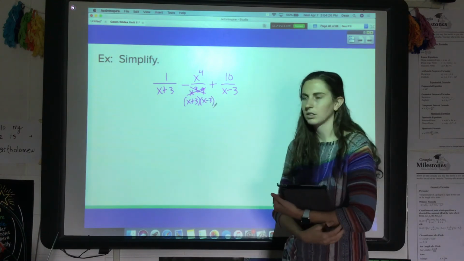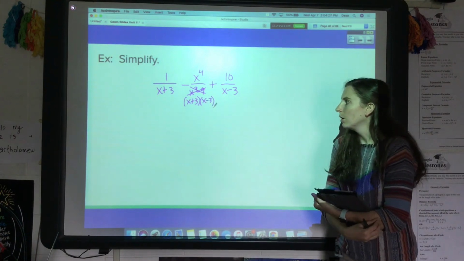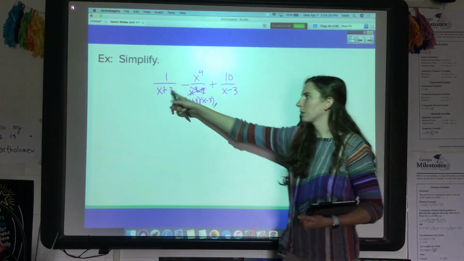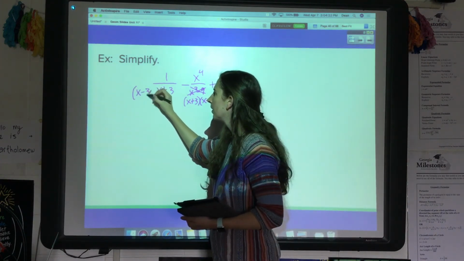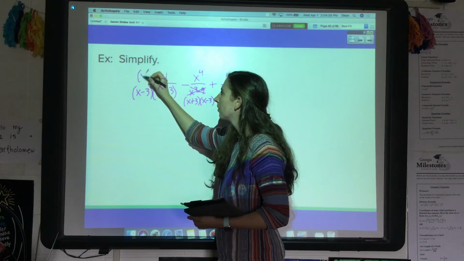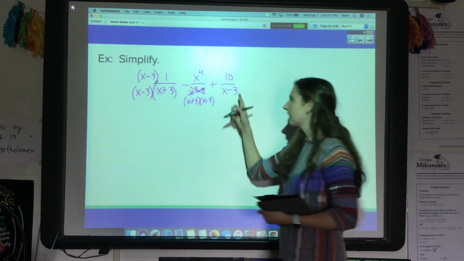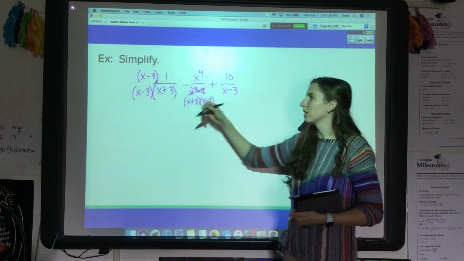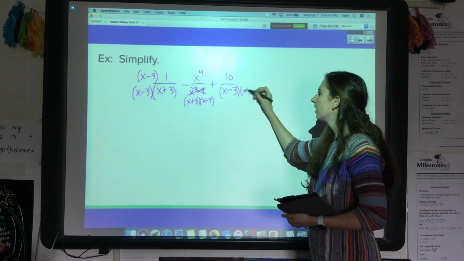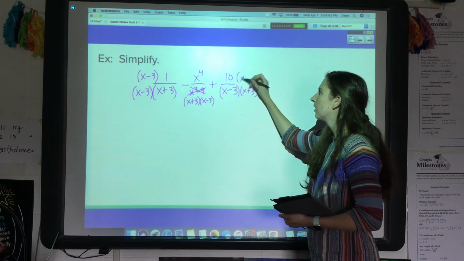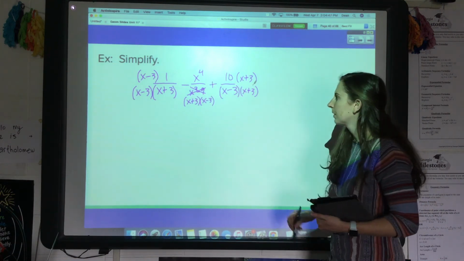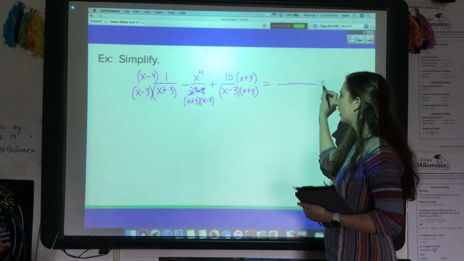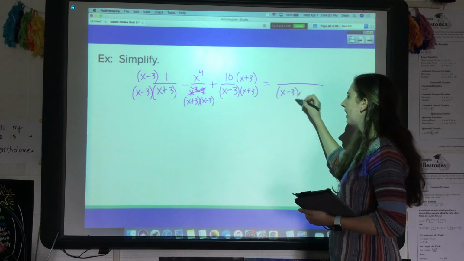Those are its factors. So notice, this one has an x plus 3, it needs an x minus 3. This one has an x minus 3, but it needs an x plus 3. And this one already has both, so that one's good to go. Now we have a common denominator, which is x minus 3 and x plus 3.